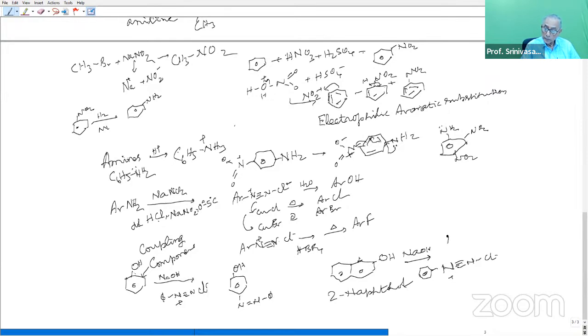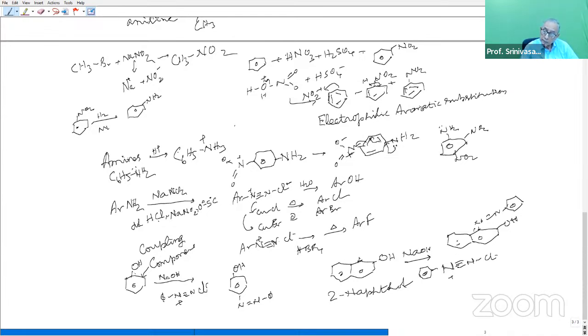This will produce, you have the phenyl as a group, which reacts with this one position of 2-naphthol, and this reaction is called a coupling reaction.